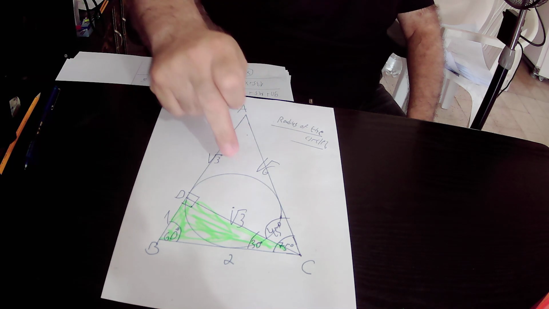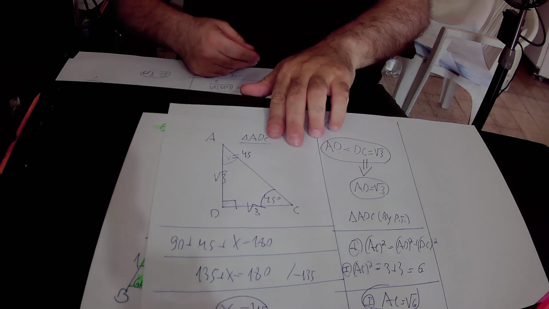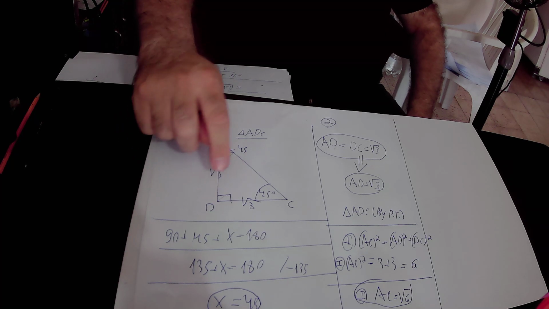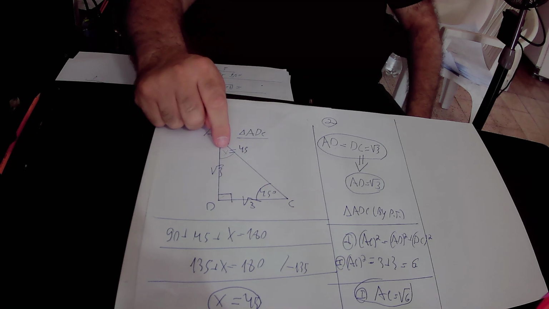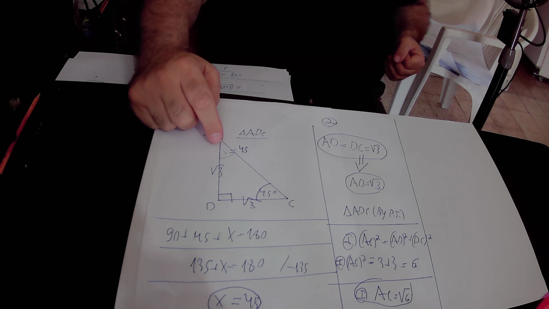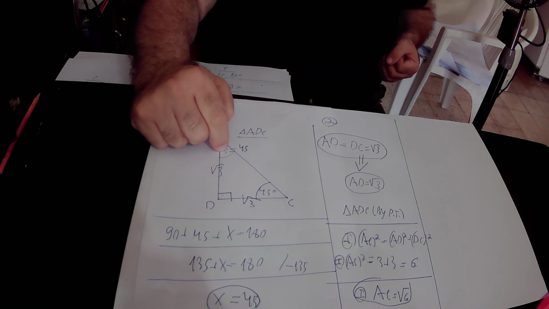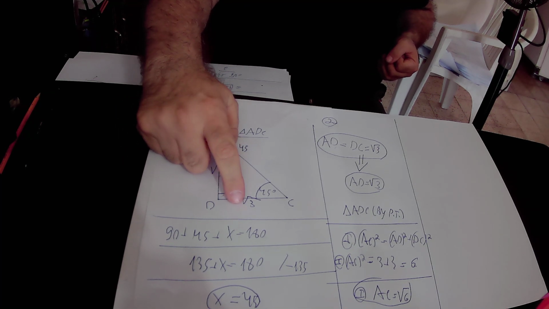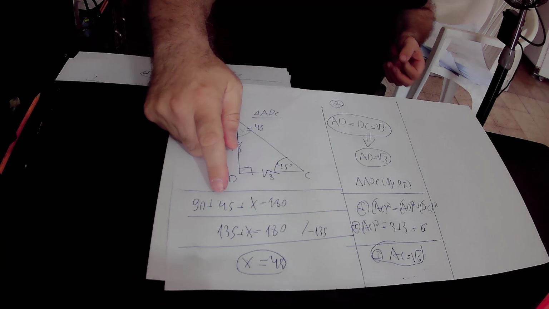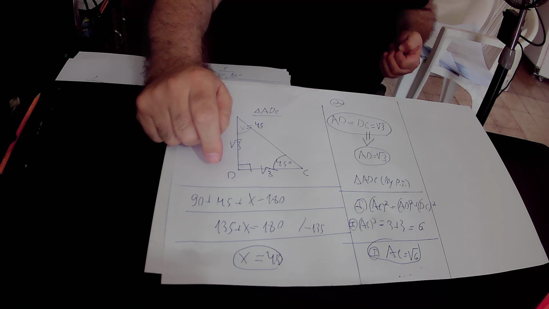Then I copied triangle ADC in a new page and analyzed triangle ADC. This is the right triangle ADC that I copied from the original drawing. This angle equals 90 degrees, this angle equals 45 degrees, and this is the missing angle X. In the right triangle ADC, 90 degrees plus 45 degrees plus X must equal 180 degrees. 90 plus 45 is 135 degrees, and 135 degrees plus X must equal 180 degrees.